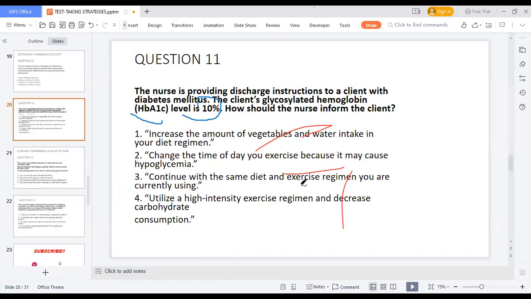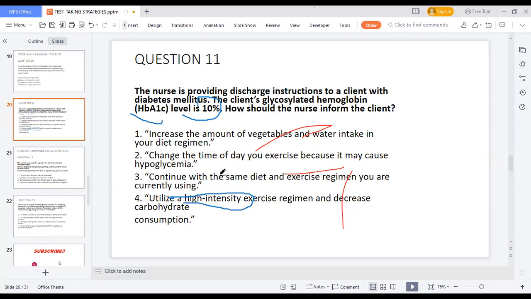You cannot continue with the same regimen. Utilize high intensity exercise regimen and decrease carbohydrate consumption. No, when you increase exercise, you are likely to instead cause this client to go into a hypoglycemic state.